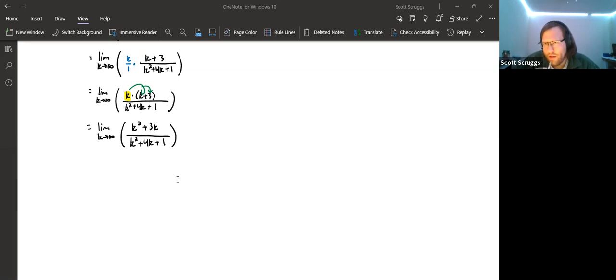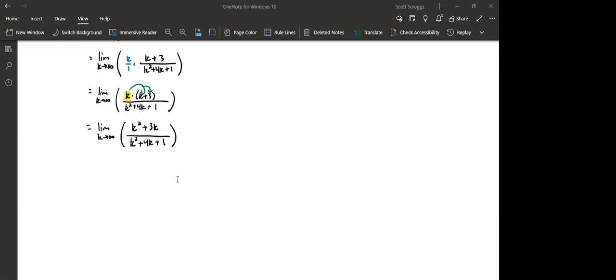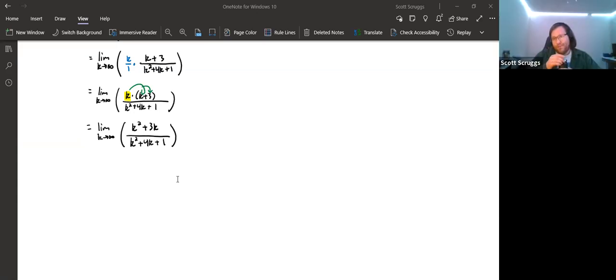Evaluating that limit, what am I going to get if I evaluate the limit of that? 1. Right. It's a rational function with the highest power in the numerator the same as the highest power in the denominator. So our tools from Cal 1 say that limit would be the ratio of the coefficients.